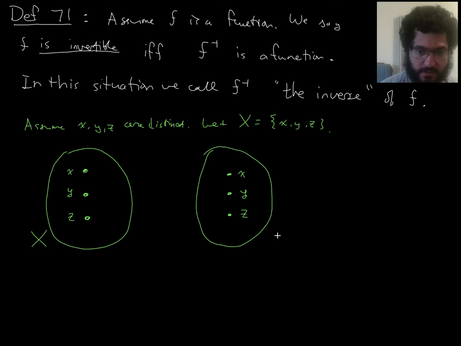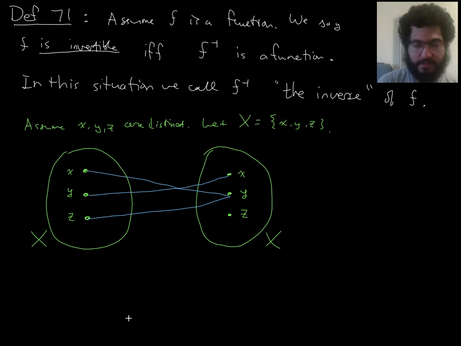Let's talk about functions from capital X to capital X. They don't have to be, but let's just do that for now. Let's just make one up. How about a function that flips x and y and sends z over to y?